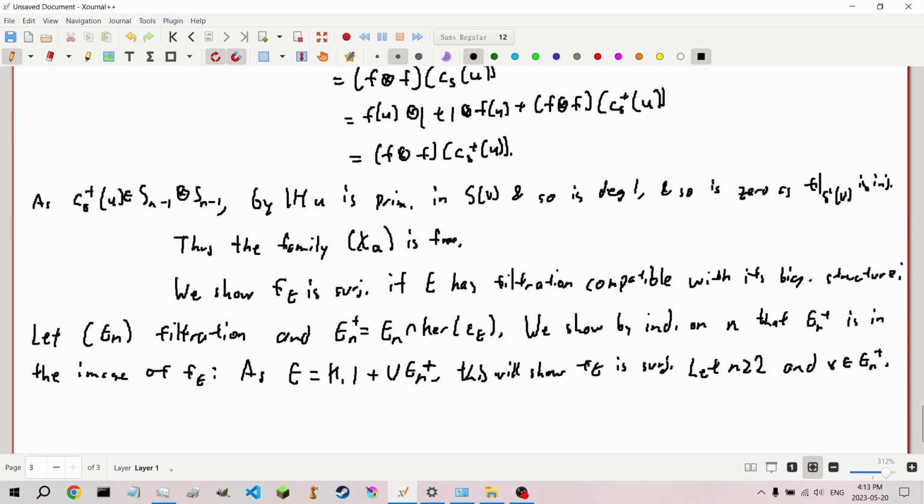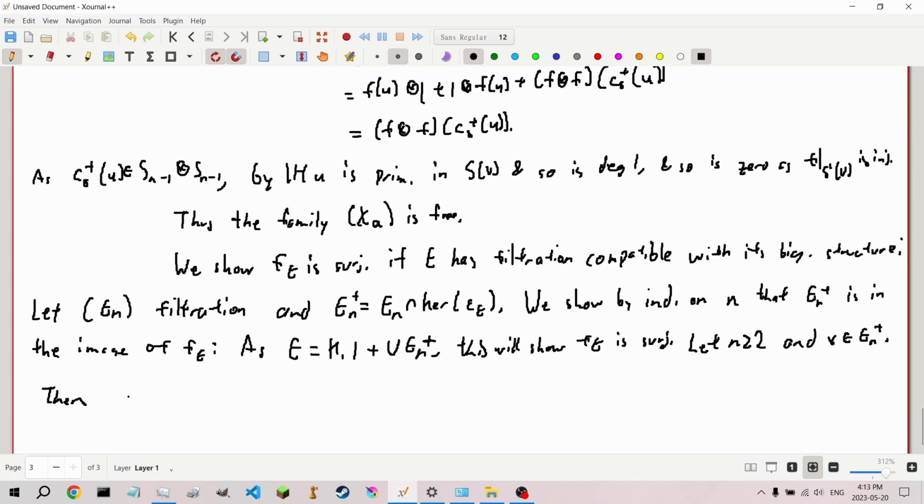We have seen that Δ_E^+ of x lies within the sum from i of 1 to n minus 1 of E_i^+ tensor E_{n-i}^+.